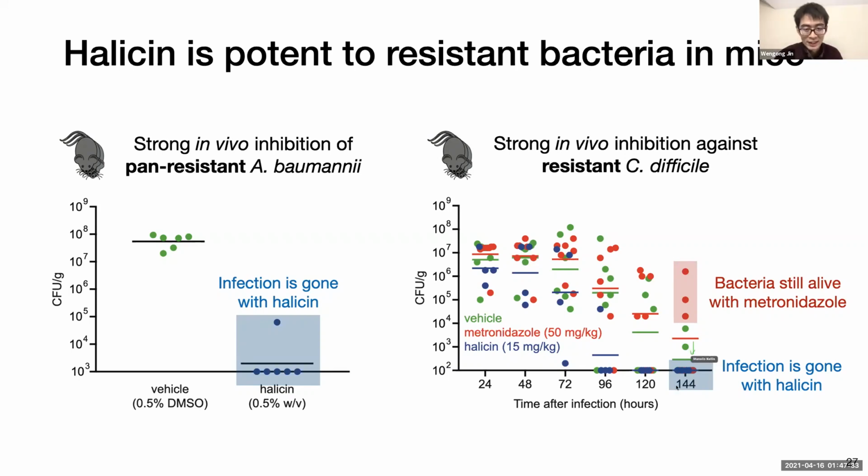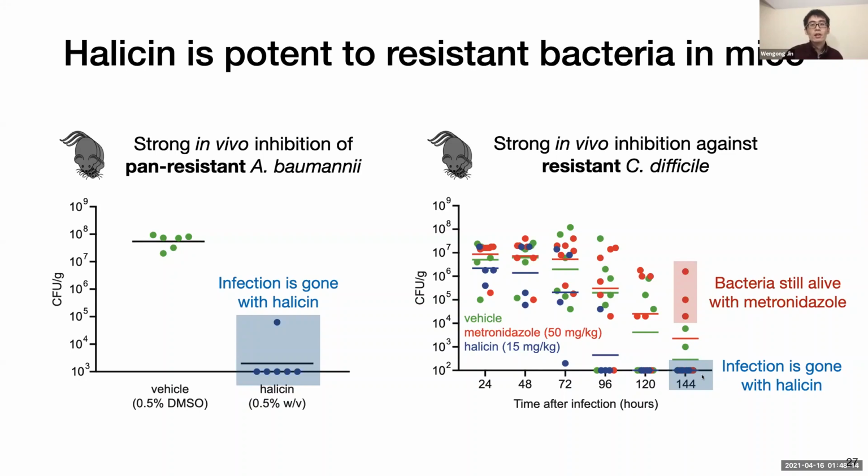Blue dots represent halicin, red dots are metronidazole, and it still does better than the vehicle. But what I'm trying to point out is that metronidazole actually does worse than the vehicle. The red is higher than the green. Yes, but there are a bunch of red points in here. Got it. So they can evolve resistance to it easily, but for a big chunk of them, they're actually dead. Yes, for a certain chunk they're dead. Perfect, thank you. Again, these results are amazing.